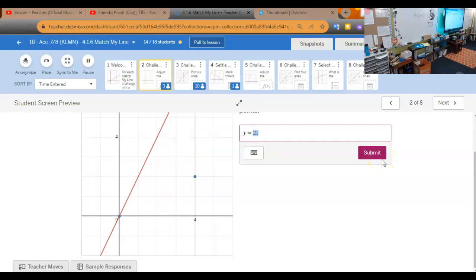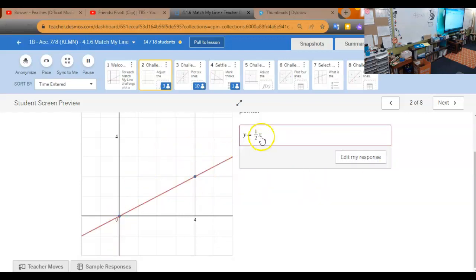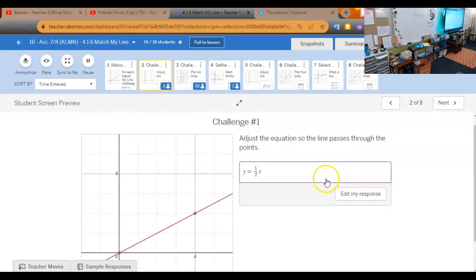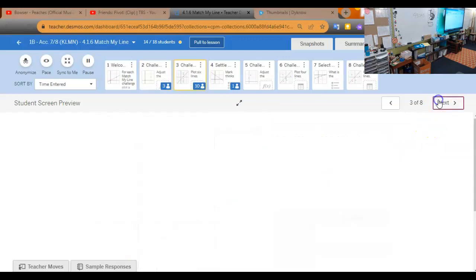Y equals 0.5x. How's another way that you can say 0.5? A half. I like using fractions for slope. As we practice slope, it'll become more evident why fractions are nice. You can use decimals. Fractions are just better.